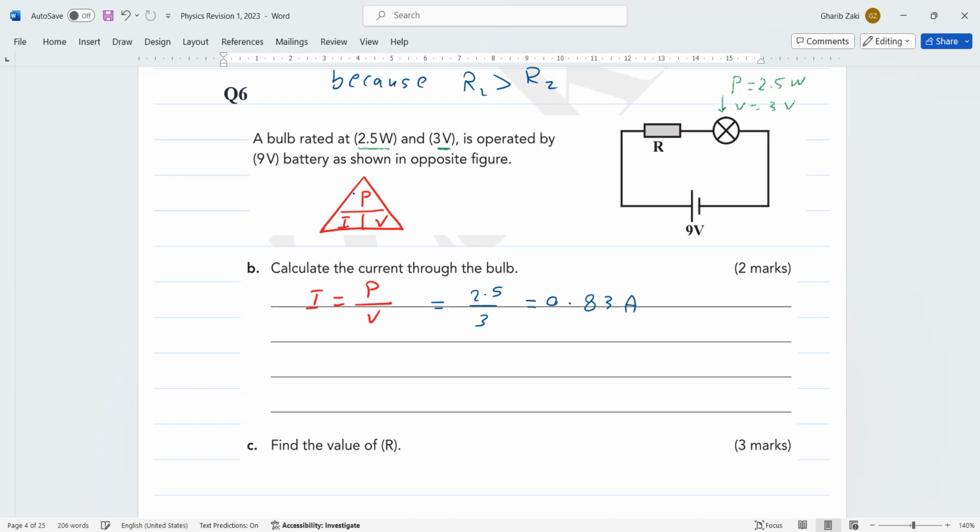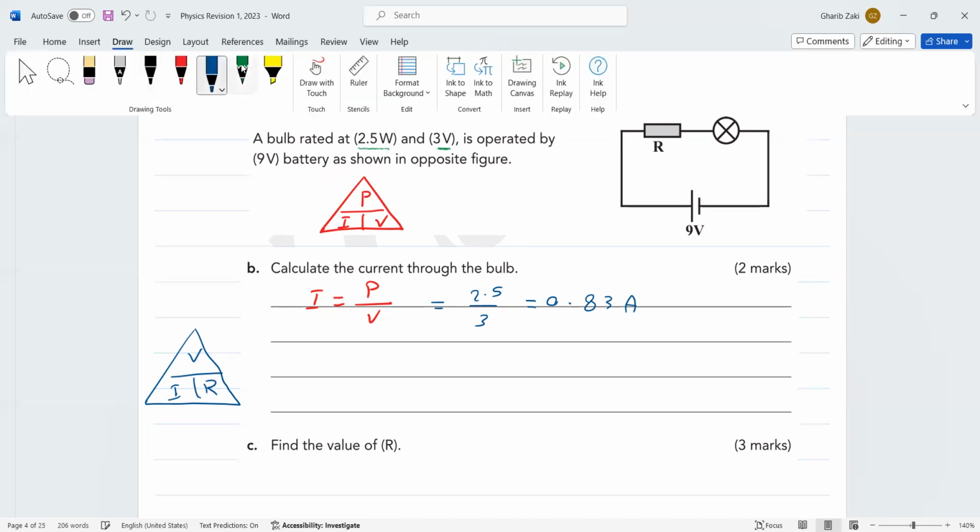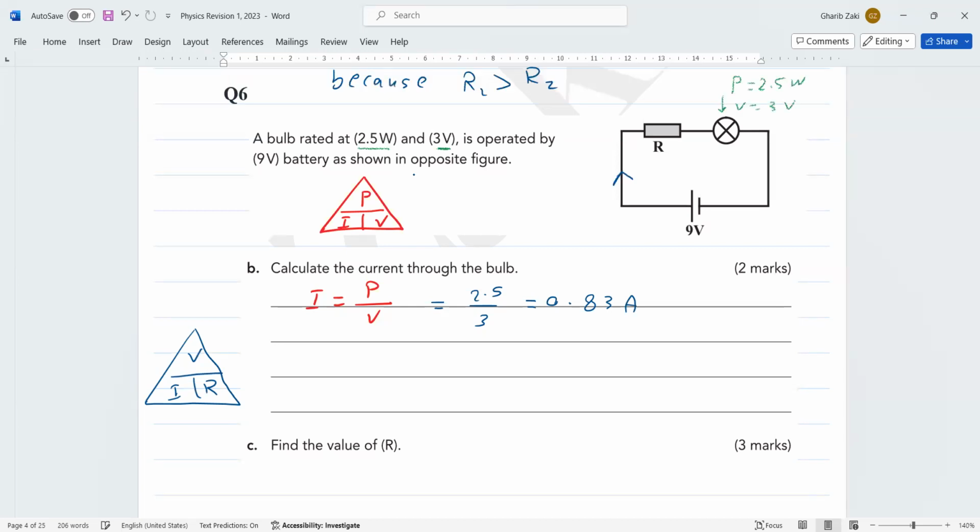Now, to get R, we need the voltage because this is Ohm's law. V equals I times R. So to calculate R, we must have the voltage and the current. The current is the same because it is a series connection. So the current through R is the same as through the bulb.